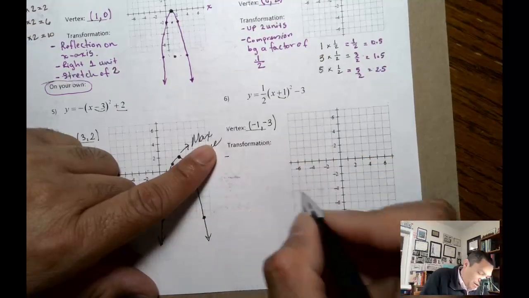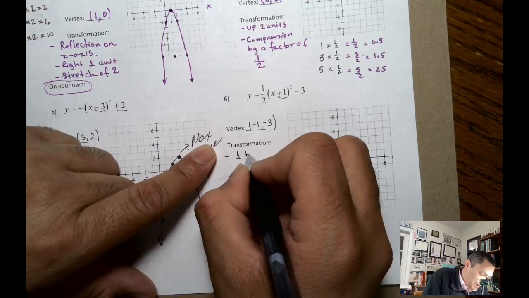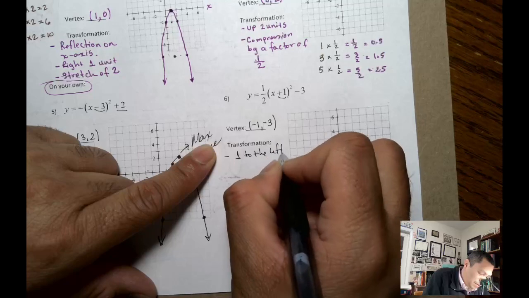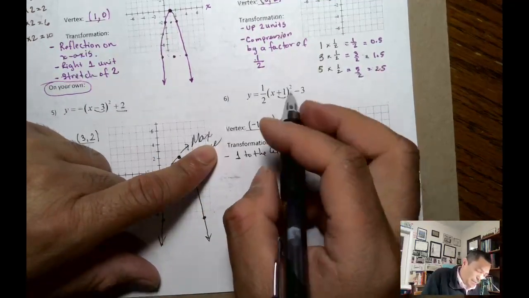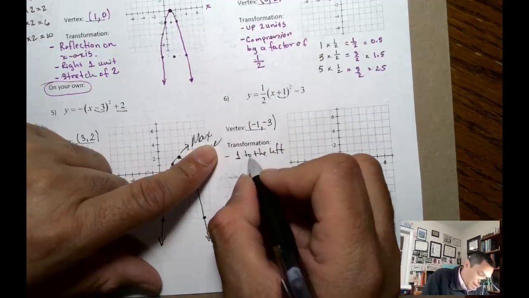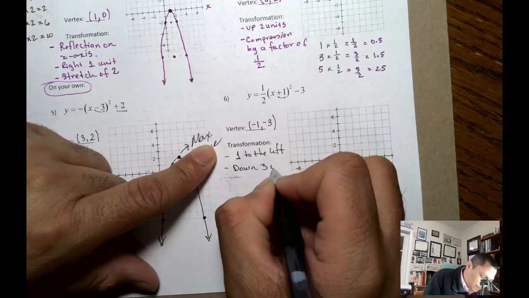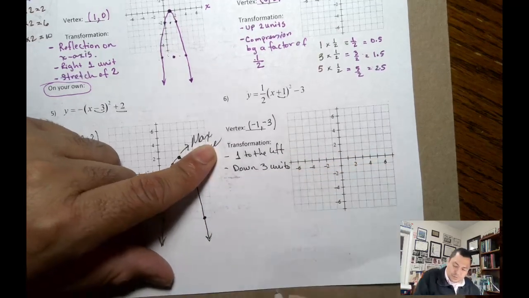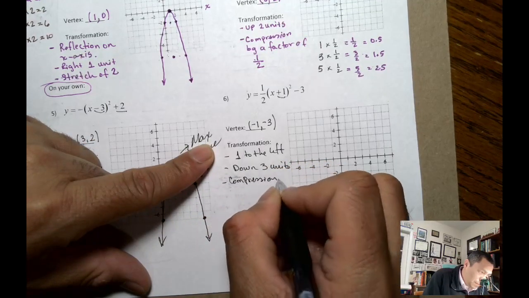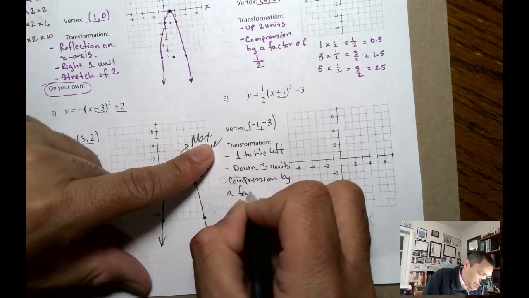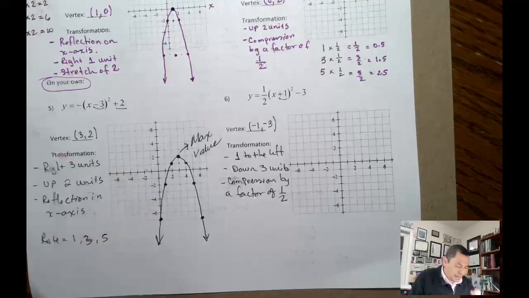In this case, I go 1 unit to the left, then down 3 units, with a compression by a factor of 1/2, and I think that's it.